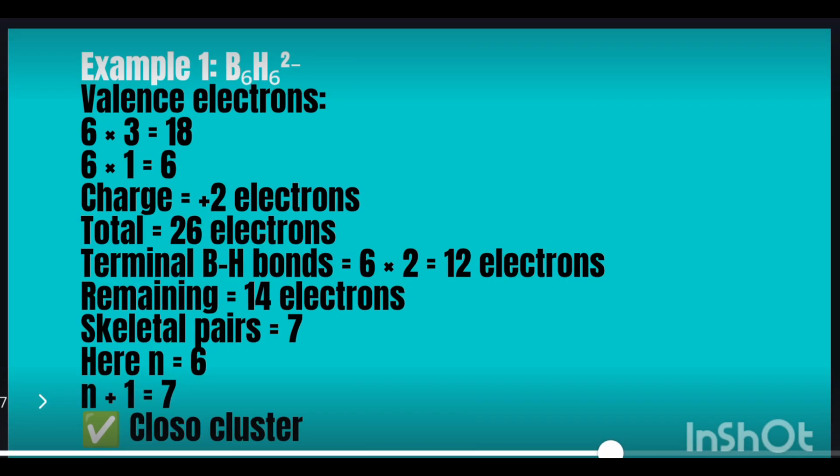Hydrogen has 1 electron. Here 6 hydrogen atoms are given, so 6 into 1 is equal to 6. And the charge is 2-, so the charge adds 2 electrons. Totally 18 plus 6 plus 2 is equal to 26 electrons.